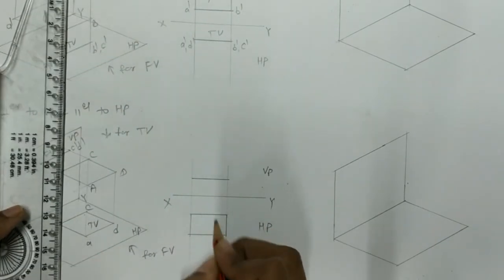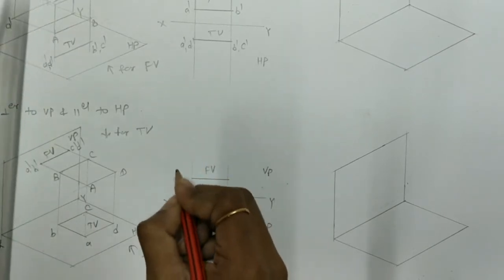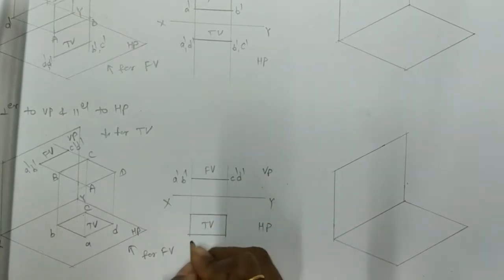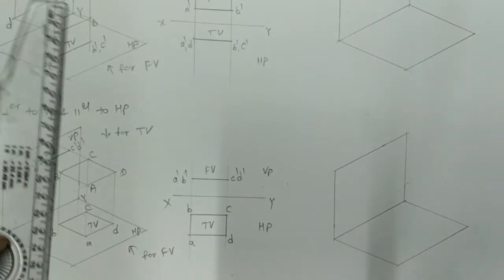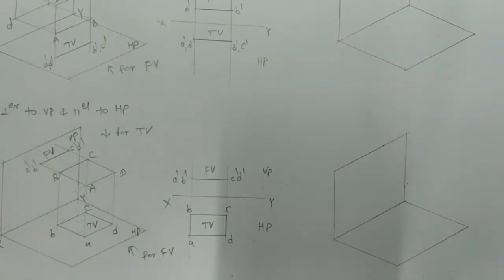So this is top view and this is front view. Here point A dash, B dash, C dash, D dash. Here A, B, C and D. So this is the second case.